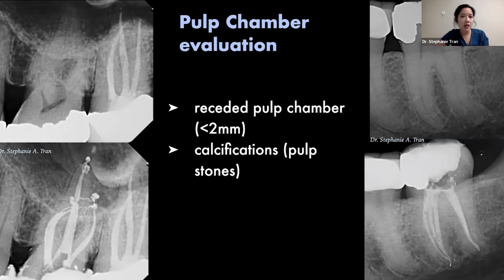Two, it can actually block the canals a little bit, so it can be very dangerous when placing your files in to not keep that in mind and actually cause separation of the files or over-torquing of the files, or accessing into the wrong area, an area that's actually not the canal itself. And then lastly, we want to keep in mind that pulp stones may have to be removed because a lot of times they can cover tissue and leave bacteria and contaminate the tissue underneath.